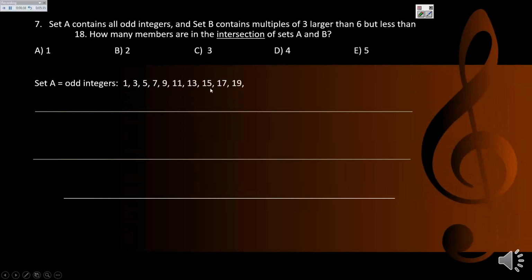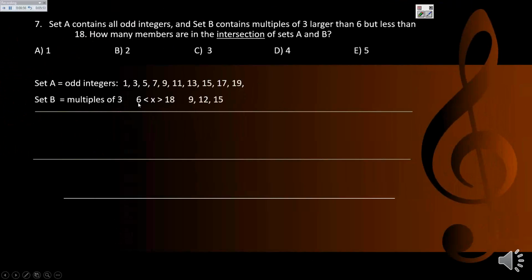So it wouldn't do us any good to go any farther, because if we're looking for an intersection of sets A and B, we're not going to be able to go over 18 anyway, so we don't even need that one. And so then set B contains multiples of 3 that are larger than 6 but less than 18.